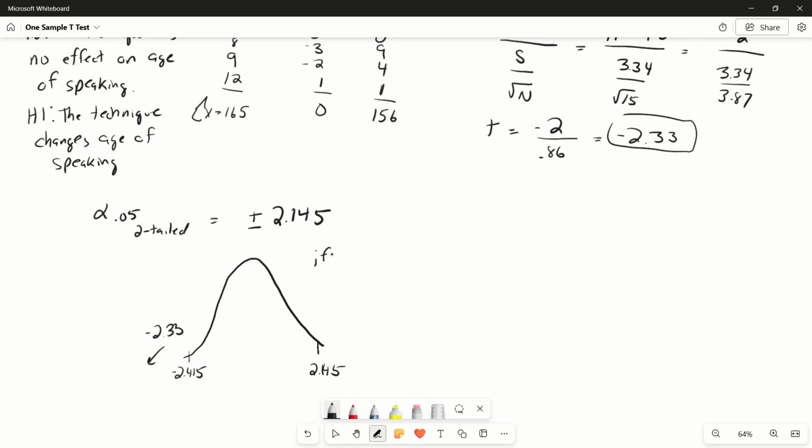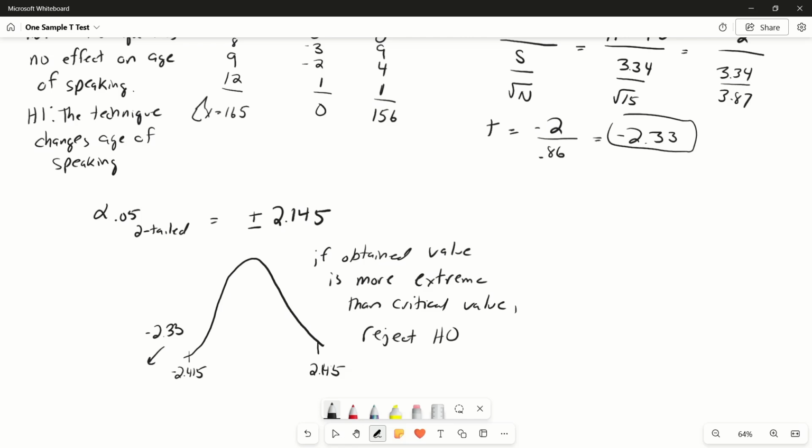So if obtained value is more extreme than critical value, sorry about that, typo. Reject the null.